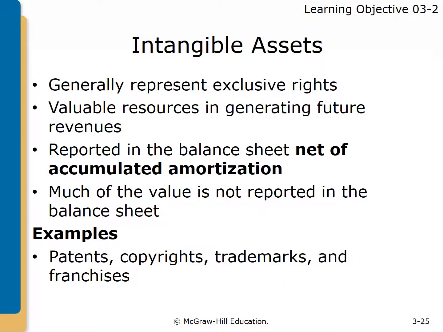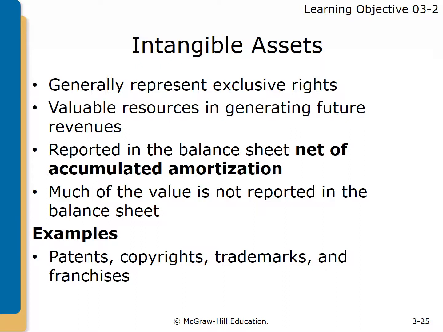Now, we call the expensing of an intangible asset amortization expense. Expensing of a plant asset, property, plant, and equipment, is called depreciation expense. But you're expensing the cost of the asset. Just depending on the type, it'll have a different adjective to describe the expense. We always report these net of any amortization.